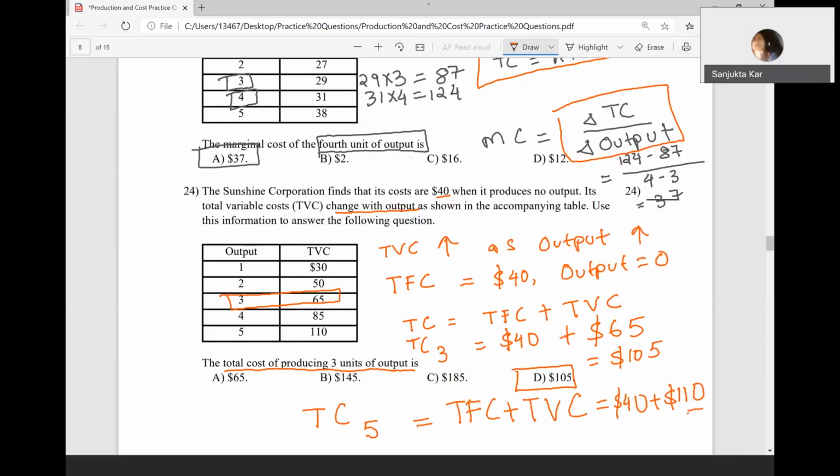This $110 I'm reading off from this table. Just remember here the total fixed cost is going to stay the same no matter how much output you are producing. Just try to understand.